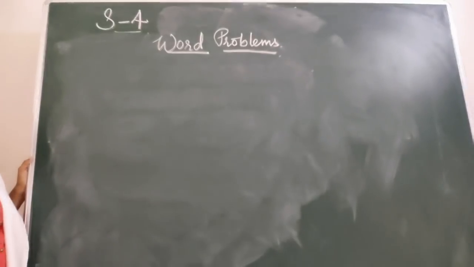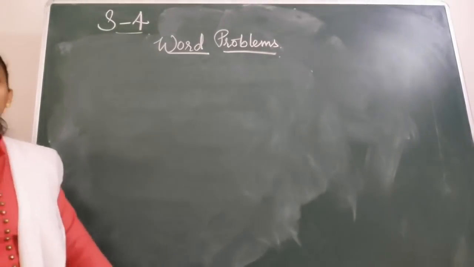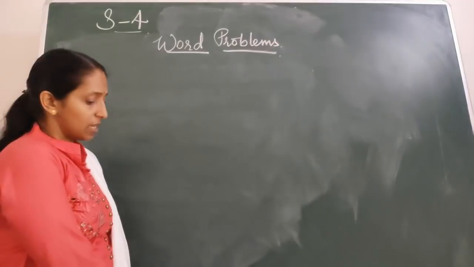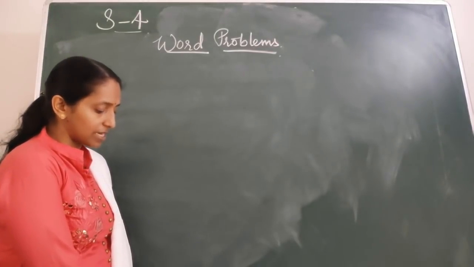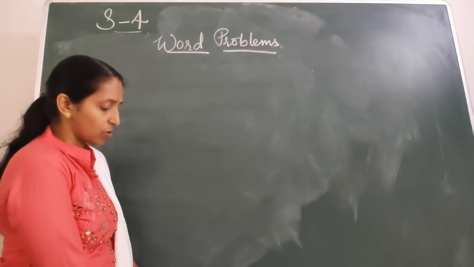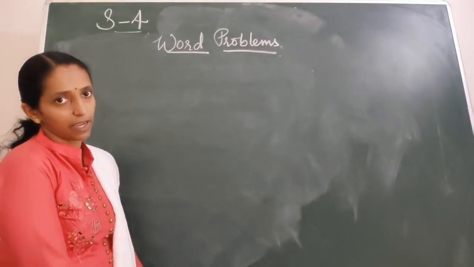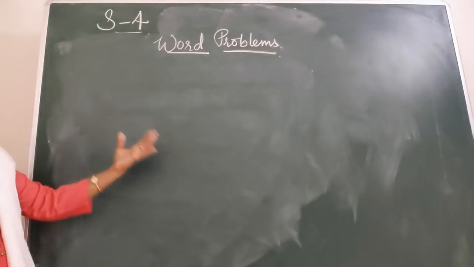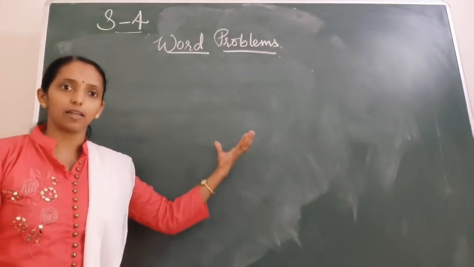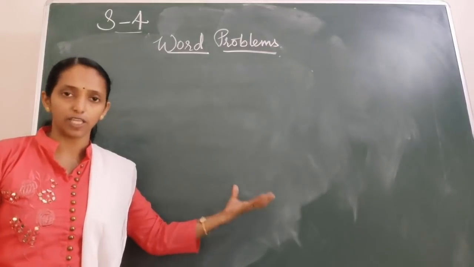After reading, find out the unknown quantity. After finding the unknown quantity, connect it with the conditions given. After making the conditions, you can simplify and make the standard form of the equation.